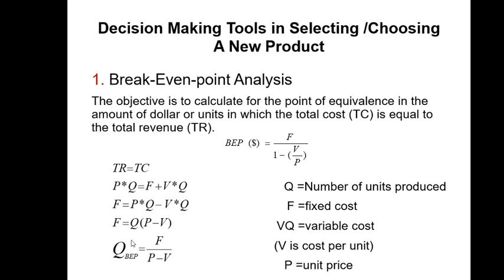This is the quantity, the number. First of all, as you all know, in break-even point analysis, always total revenue is equal to total cost. For those among you who do not know the meaning of break-even point, any company will reach the break-even point if their total revenue is equal to total cost.